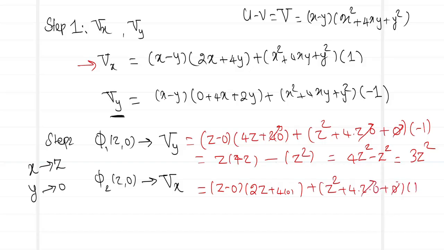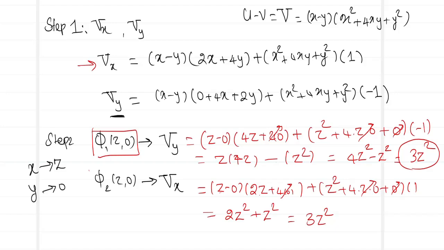This vanishes, this vanishes, this vanishes. I have this as z into 2z. So it becomes 2z square. And what happens over here is plus z square. So I have it as 3z square. So I notice that my phi 1 of z comma 0 is 3z square, and my phi 2 of z comma 0 is also 3z square. So my step 2 is over.